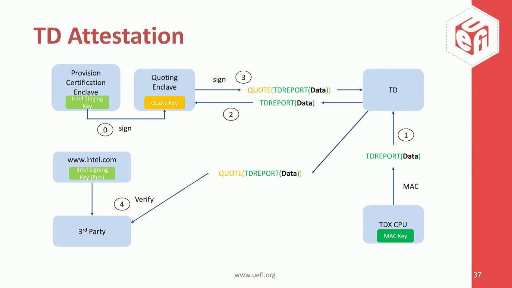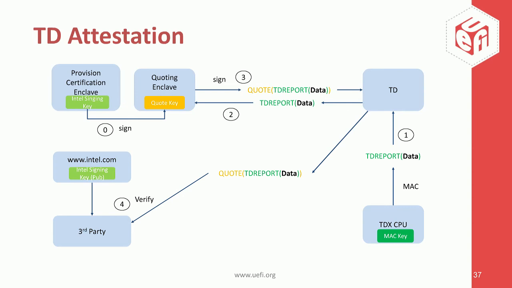Then the third party can get the PCE public key from the Intel website, verify the quoting key, then use the quoting key to verify the TD quote. Then it can check that the TDMR register and the RTMR register are as expected.